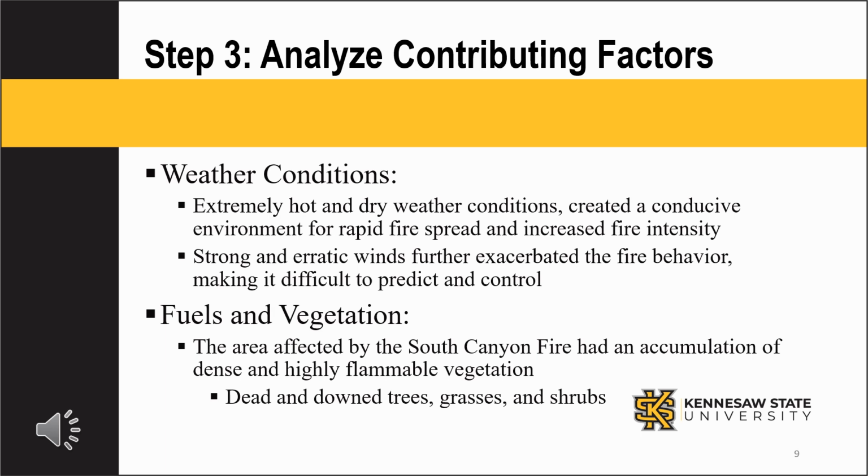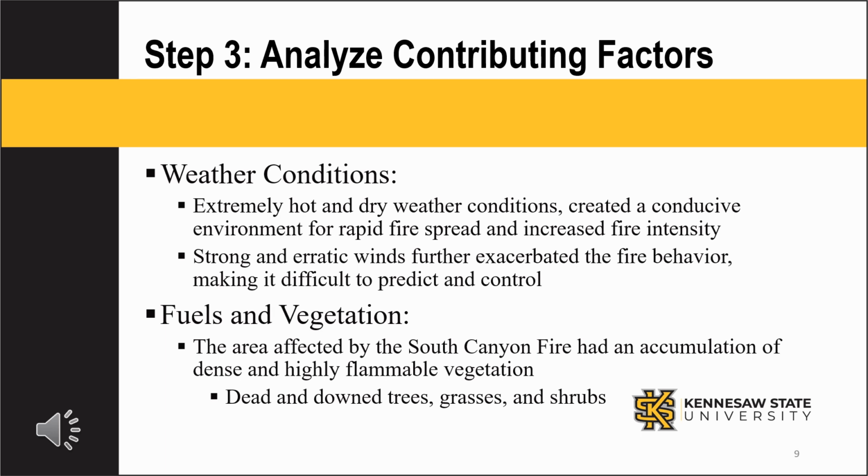The third step is analyzing the contributing factors. The first factor is weather conditions. The extremely hot and dry weather, with high temperatures and low humidity, created perfect conditions for fires to spread quickly and intensify. Additionally, strong and unpredictable winds made it even harder to manage and predict the behavior of the fires.